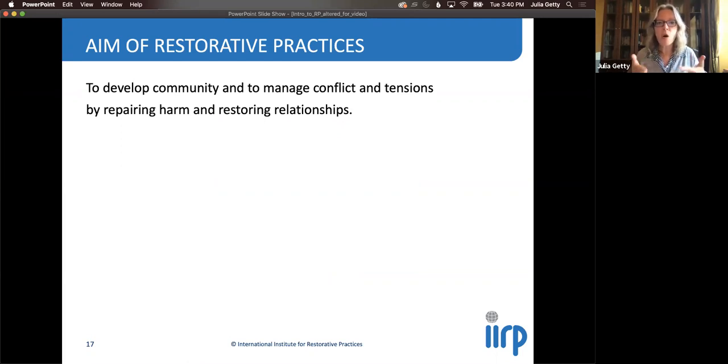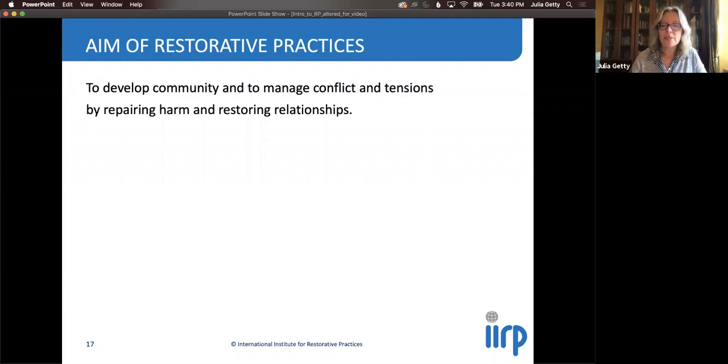So this is the goal of restorative practices. And that developing community part, that's what we want to be doing 80% of the time with our proactive practices, developing that community so that when these conflicts and tensions come up, then we can repair that harm, which is the other 20% of the time that we're using restorative practices.